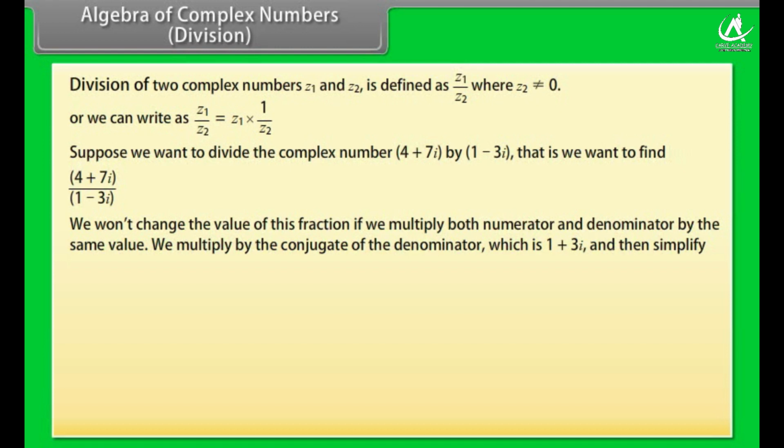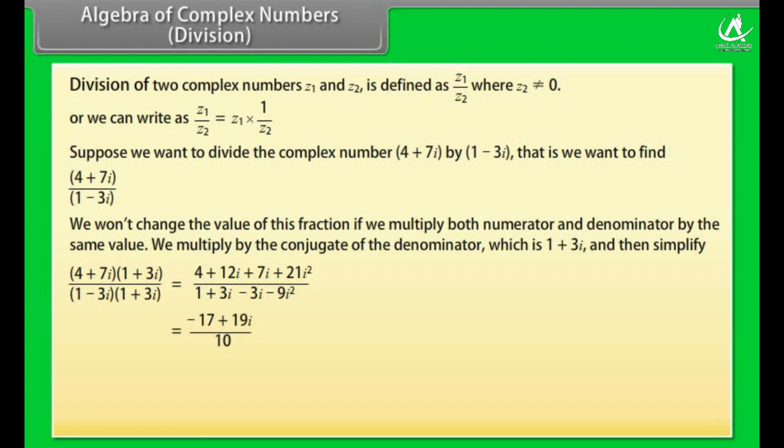We multiply by the conjugate of the denominator, which is 1 plus 3 iota, and then simplify. 4 plus 7 iota into 1 plus 3 iota divided by 1 minus 3 iota into 1 plus 3 iota is equal to 4 plus 12 iota plus 7 iota plus 21 iota square divided by 1 plus 3 iota minus 3 iota minus 9 iota square. On solving, we get minus 1.7 plus 1.9 iota.